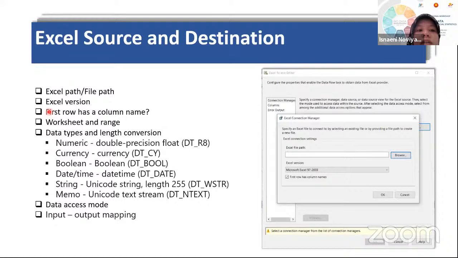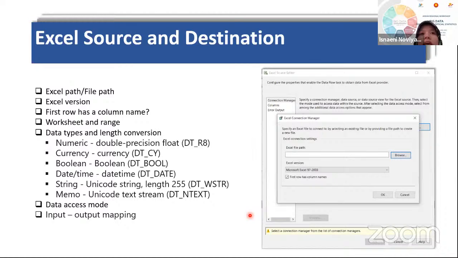And the next one is first row has column names. Yes, because if we have an Excel document, usually we put the column names in the first row. So SSIS will ask us if we use the first row as the column names.